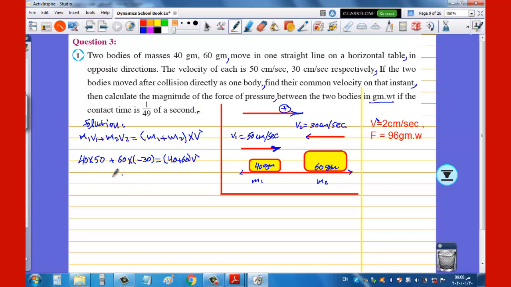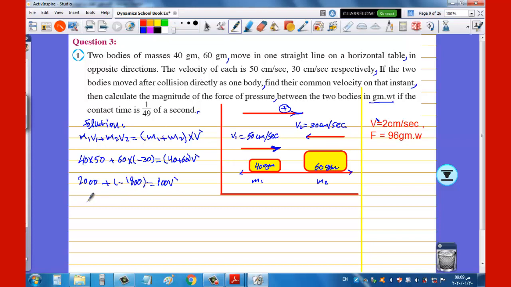Now we calculate v dash. 40 multiply 50, 2000, minus 1800 equals 100 v dash, because 40 plus 60 is 100. So 2000 minus 1800 equals 200.